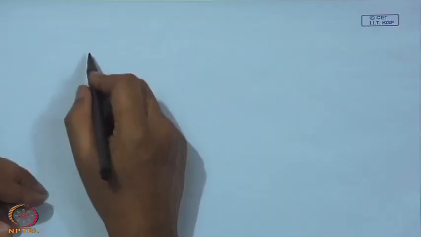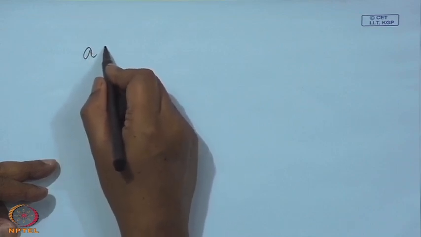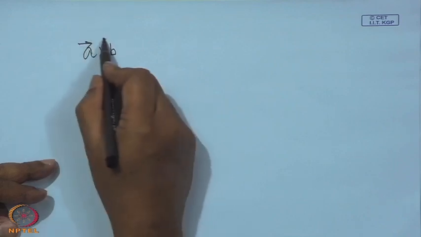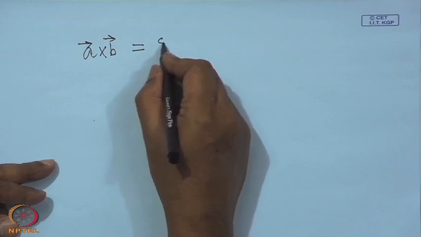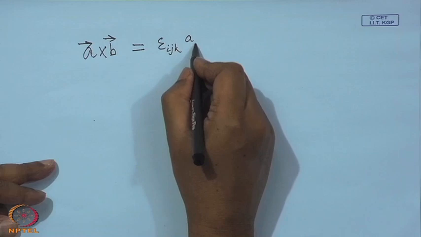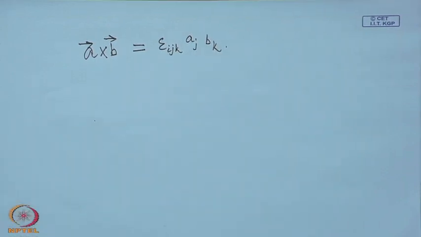So, two vectors denoted by A cross B can in index notation be written as epsilon ijk A j B k.